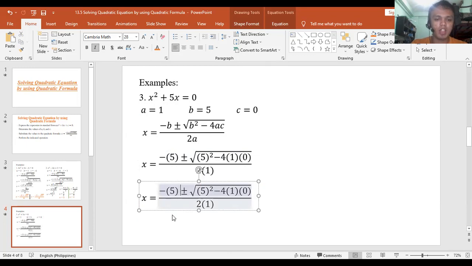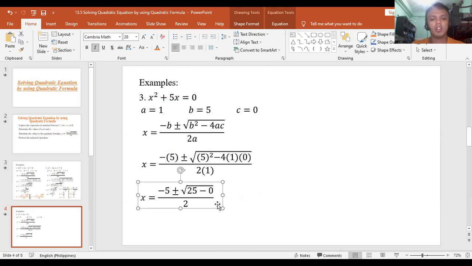Okay. Negative times 5 is negative 5 na. Then 5 squared is equal to 25. Sunod, 4 times 1 times 0, that is 0 eh. Automatic 0 yan lahat. Then 2 times 1 is 2.